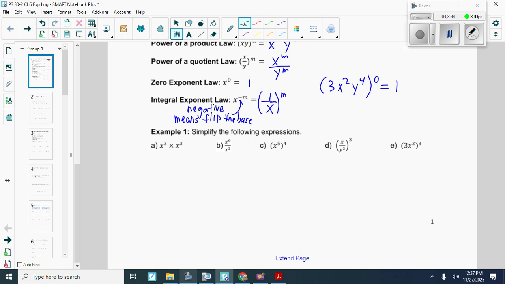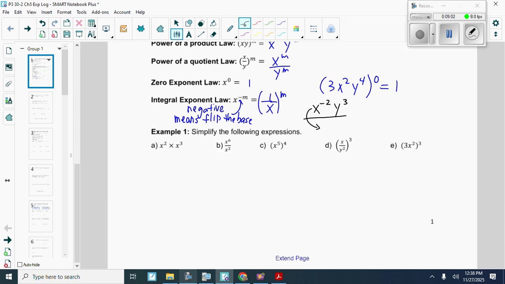What that means is before you put it in a box, you have to turn it into a positive by writing the reciprocal. Sometimes you have x to the negative 2, maybe with a y to the power of 3. Only the x has the negative exponent. So this means that only the x pops down to the bottom.